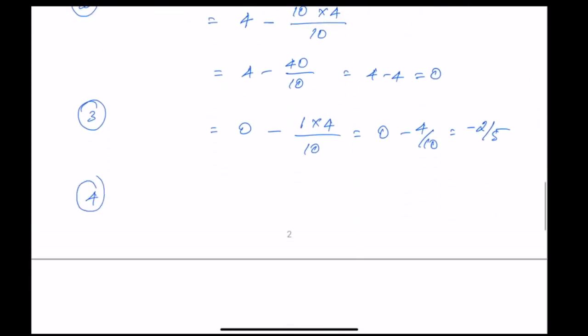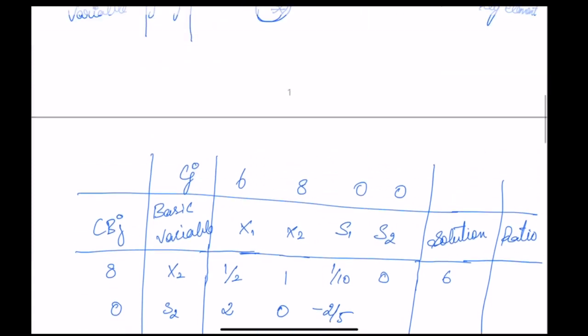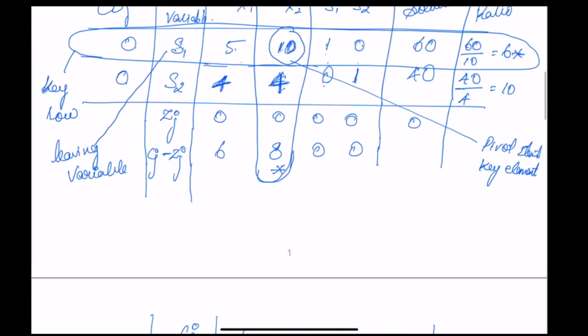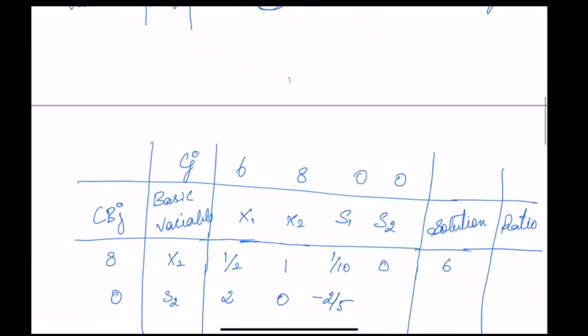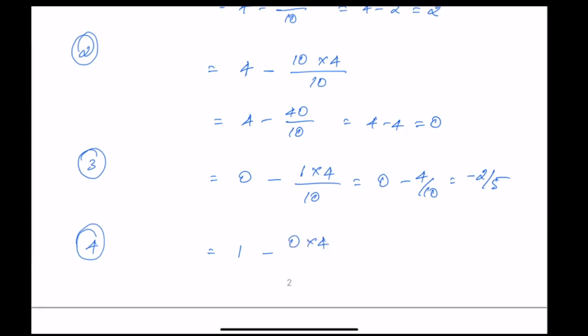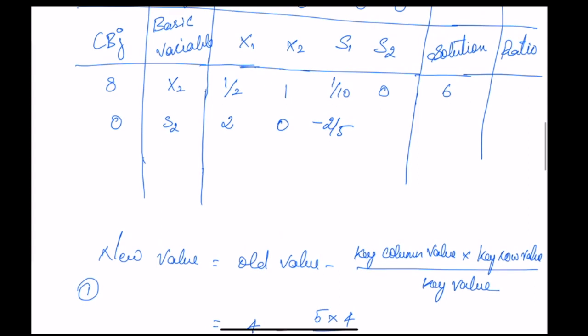Old value 1, corresponding column value 0, corresponding row value 4, divided by key value 10. So 1 minus 0 is 0. 0 into 4 is 0 by 10, which is also 0. So 1 minus 0, which is equal to 1. So the new value is 1.